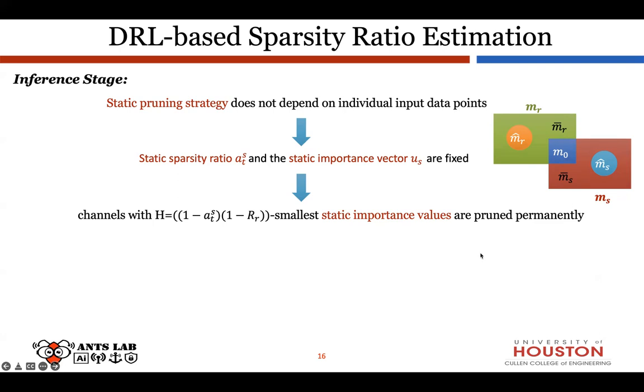It will save the storage space if we prune these H channels permanently before the inference. And after taking this static pruning, we will move to our dynamic pruning part. We will prune other channels by following the pruning framework dynamically. And finally, we will have our pruning results during the design.